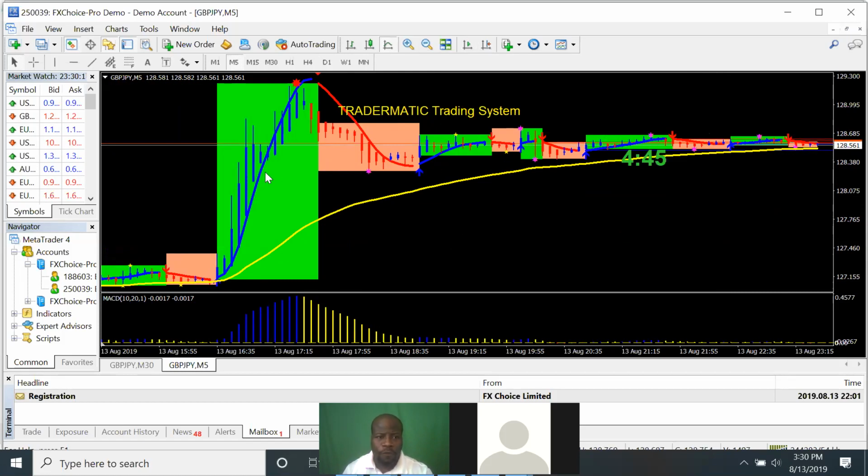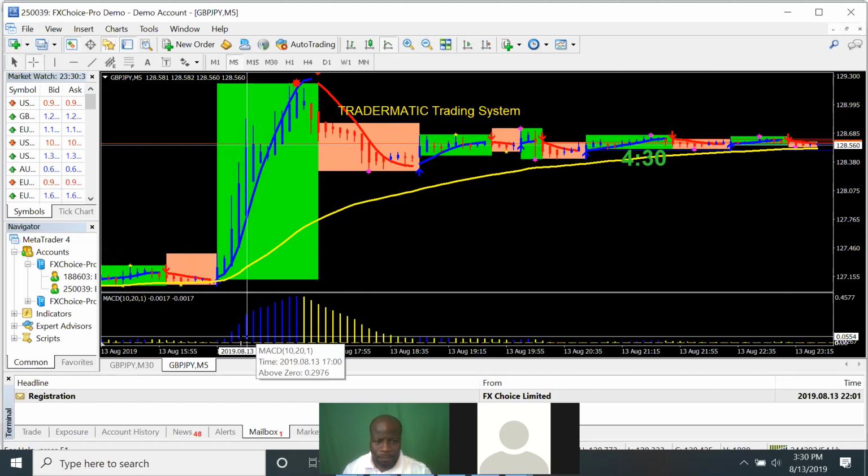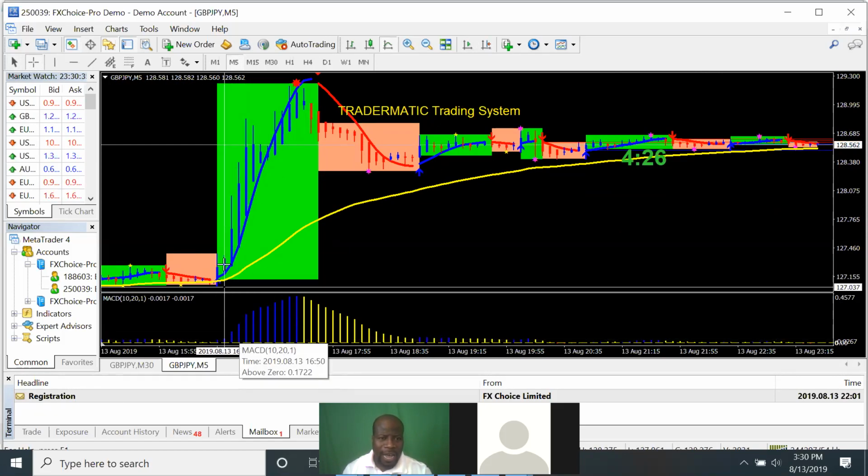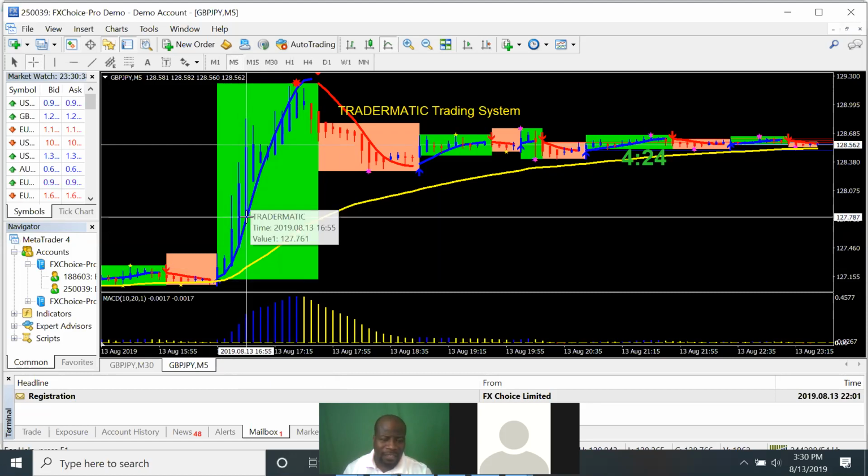So if you work with what I just show you guys now, if you are a scalper, you want to scalp the market. I mean, for example, look at this. This is a perfect signal right here. The price is above the 50 moving average. The MACD is blue, that is above 0. And of course, your trend line here is 0.